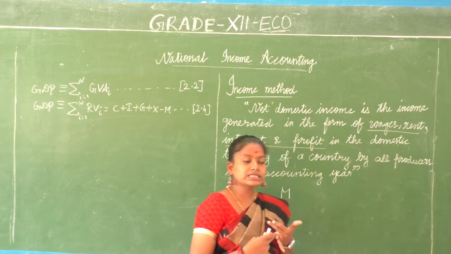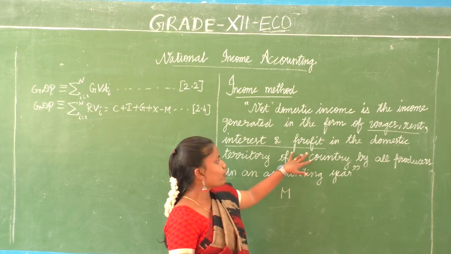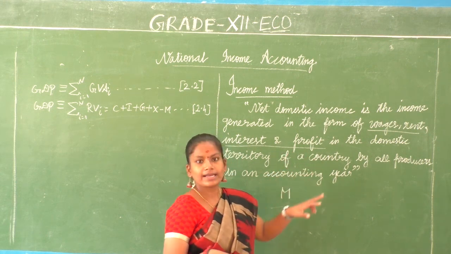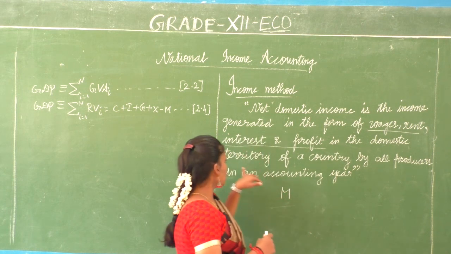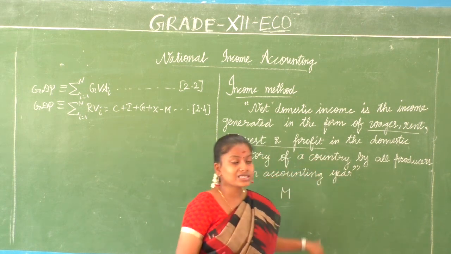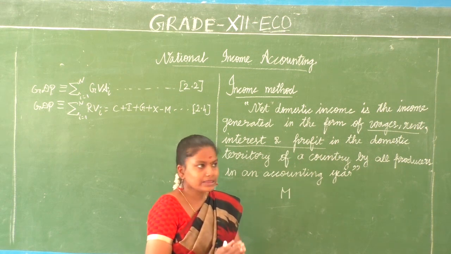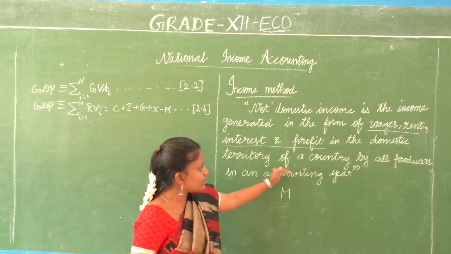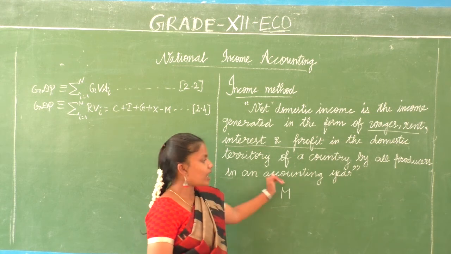Wages, the rents that a household receives, interest that they receive, profits. All these are called income. They all contribute towards the income. And what else? In the domestic territory, it should come within the country. Within the domestic territory of a country by all producers in an accounting year.